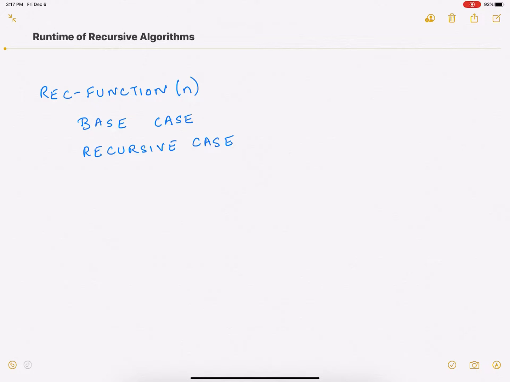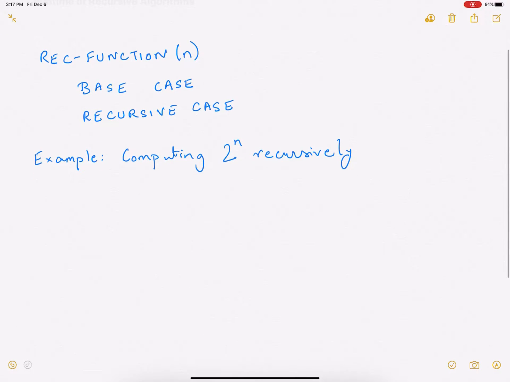So the example that we're going to consider is computing 2 to the power of n recursively. I will assume that most of you who are watching have some idea of how to do this kind of recursion. If you're not familiar, we'll go over this algorithm here.